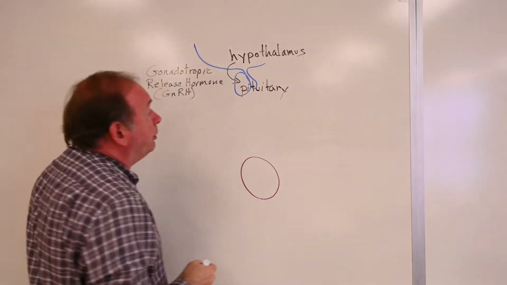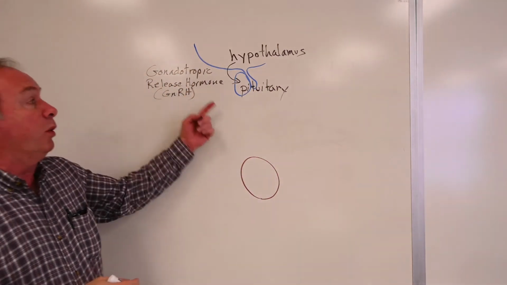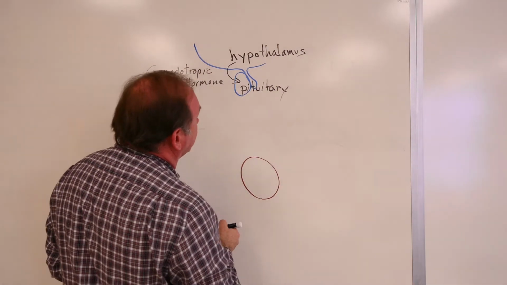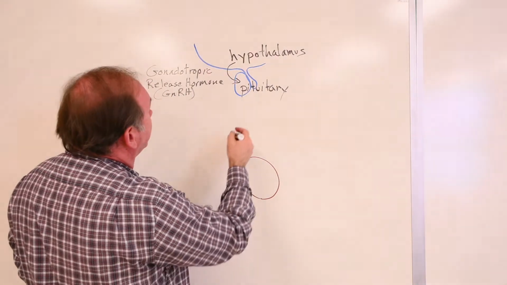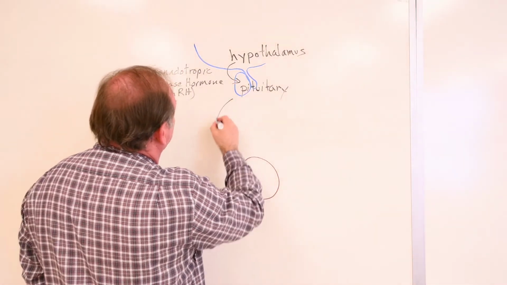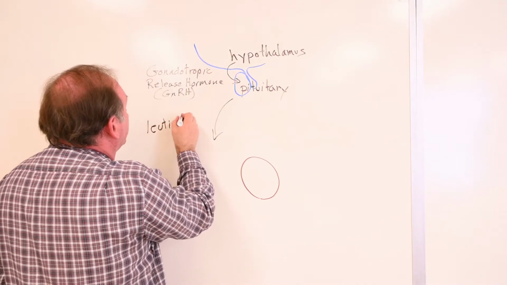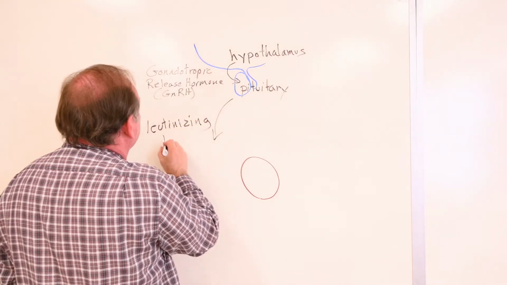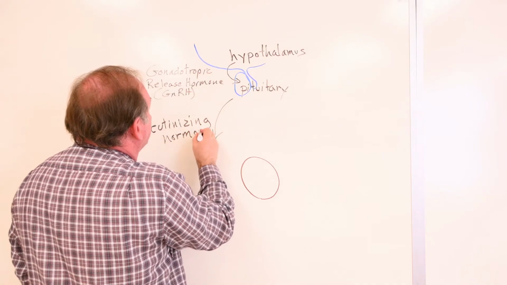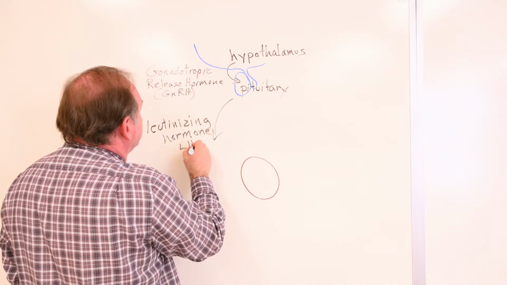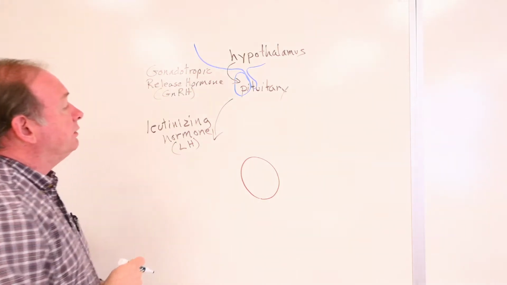Here. The pituitary, in response to that hormone, will release two different kinds of hormones. One of them being what we call luteinizing hormone, or LH is the common abbreviation for that.